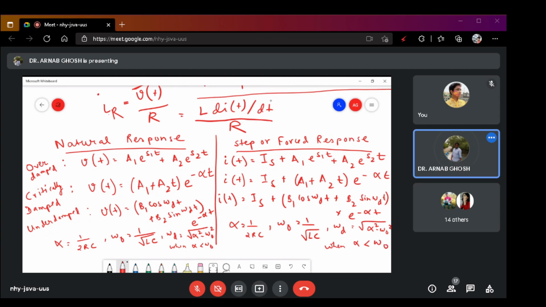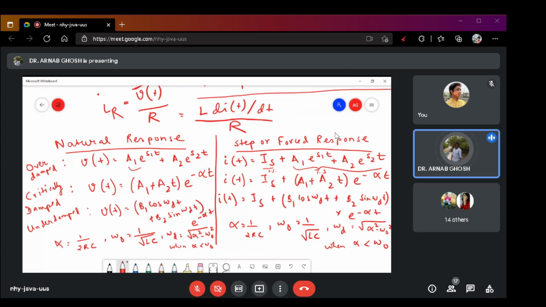Okay. So if you closely look at this, the only difference is that for natural response we are writing this with Vt, and for step or forced response we are writing this with It. This is for natural response, which is completely the transient state. For step response, this is the steady state and this is the transient state.